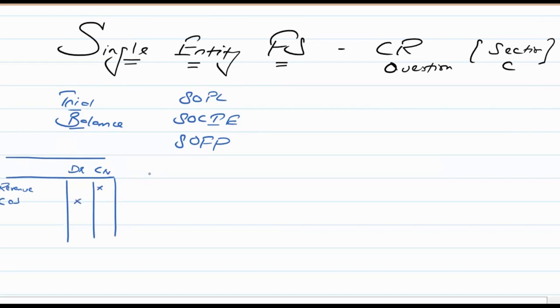Then we have, for example, property, plant, and equipment at cost on the debit side, accumulated depreciation on the credit side, including taxation, inventory, financial instruments. There will be so many things within that. So the trial balance will be given in the exam, and you are supposed to make the statement of profit or loss, statement of changes in equity, and statement of financial position.